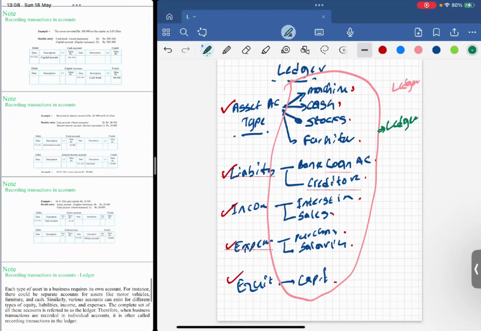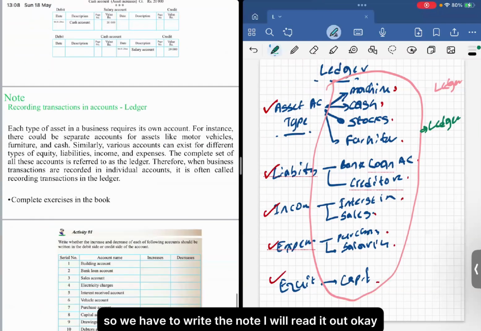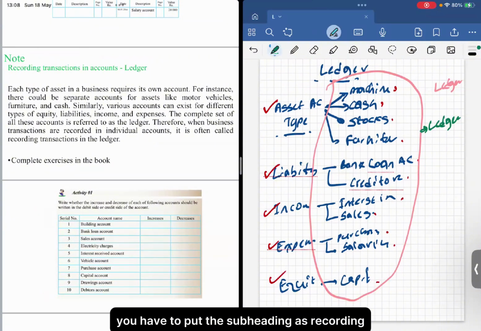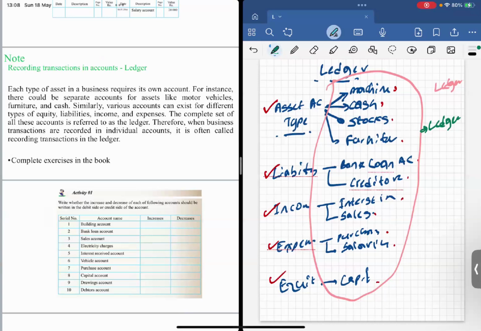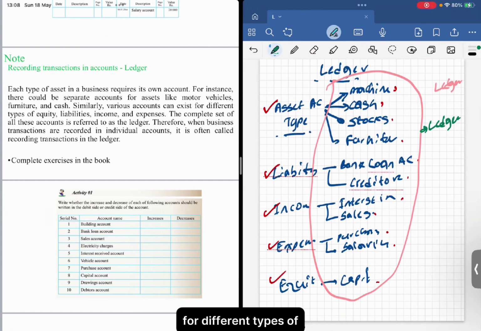Okay. So we have to write the note. I will read it out. You have to put the subheading as recording transactions in accounts and ledger. Each type of asset in a business requires its own account. For instance, there could be separate accounts for assets like motor vehicle, furniture, and cash. Similarly, various accounts can exist for different types of equity, liability, income, and expenses.